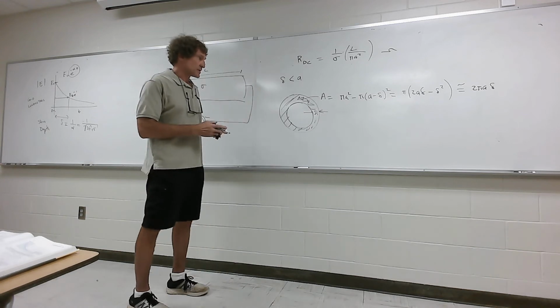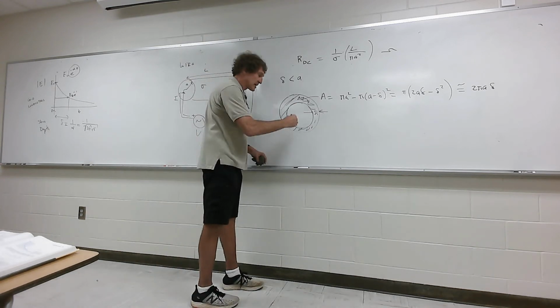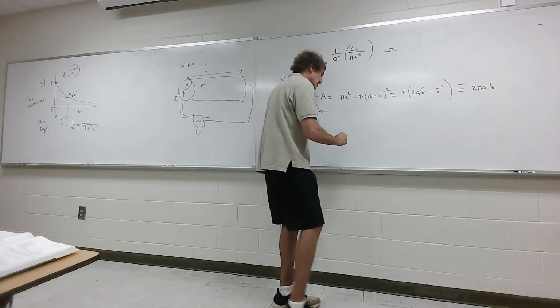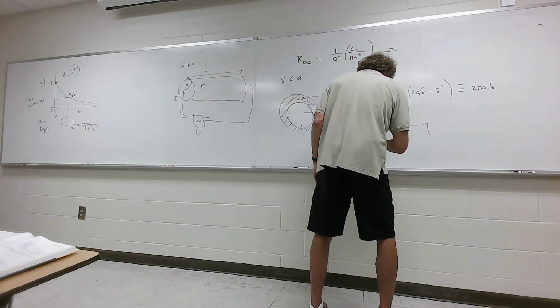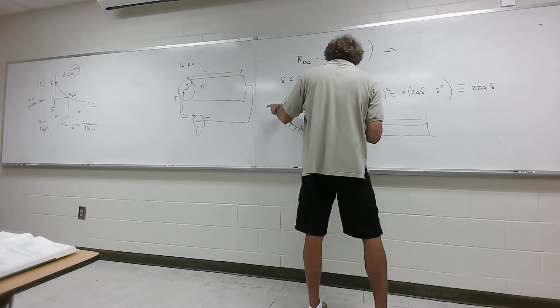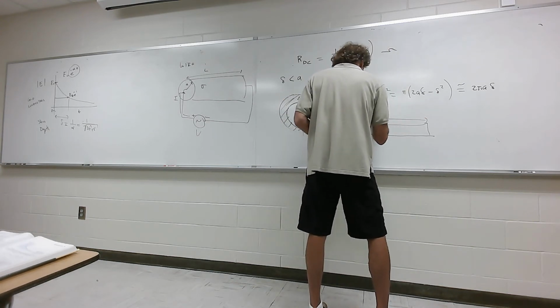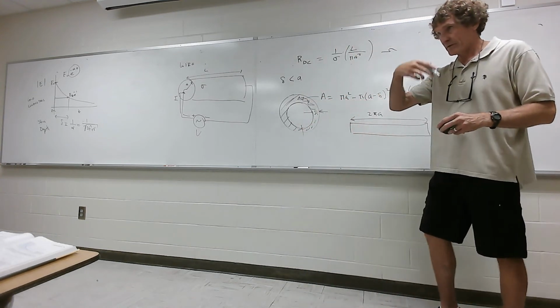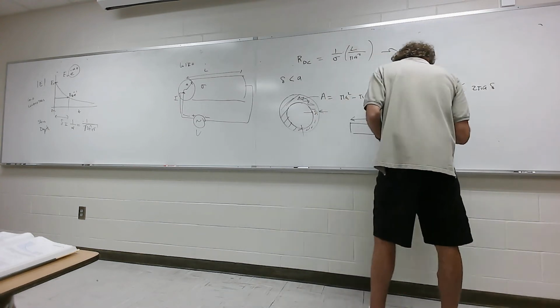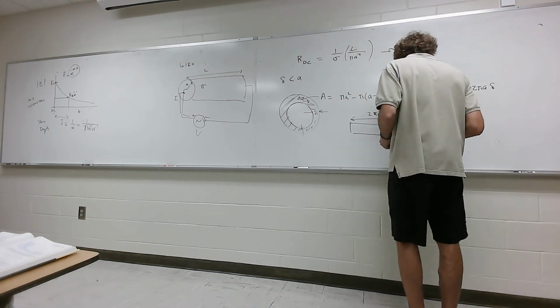This will help you with this one. If you think about this donut I got here and just break it at one point and flatten it out, then I would have something that has a length that would be the circumference of this, which would be 2 pi times A. You know what I'm talking about, that's the circumference of a circle. And then the thickness of this would be 1 skin depth.